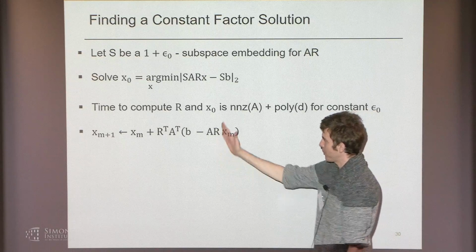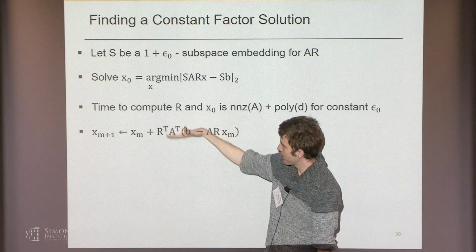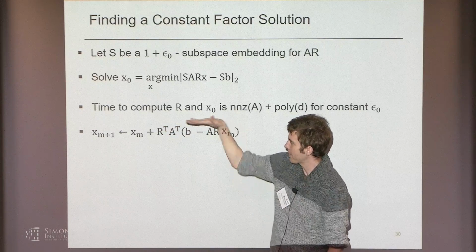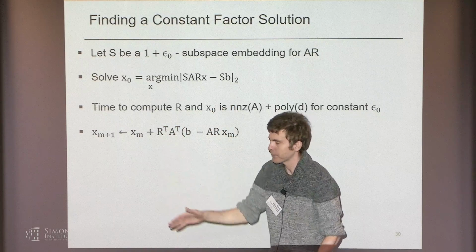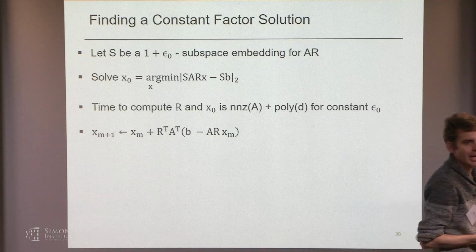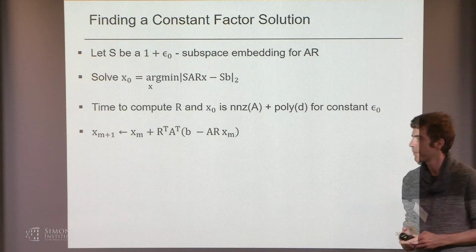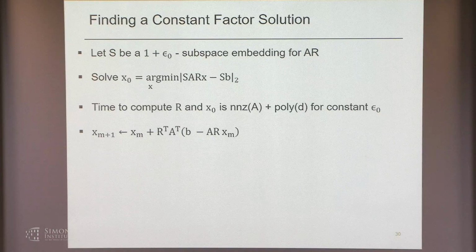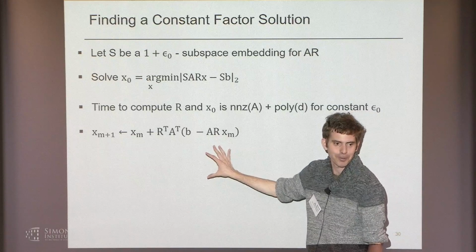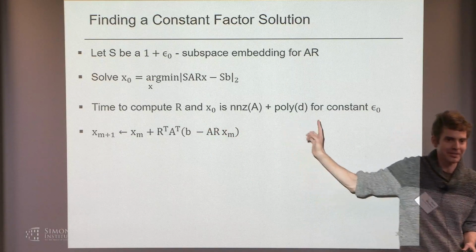We take the inner product with the column span of AR, and move a little bit in that direction. Don't you need a step length? You'll see the proof, the whole proof will be on this slide. The step length is just 1.